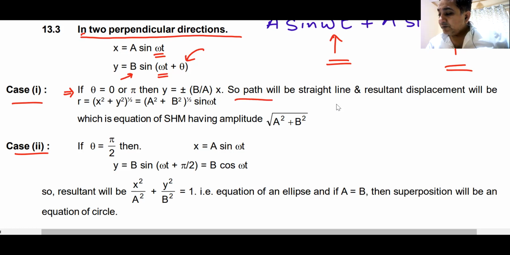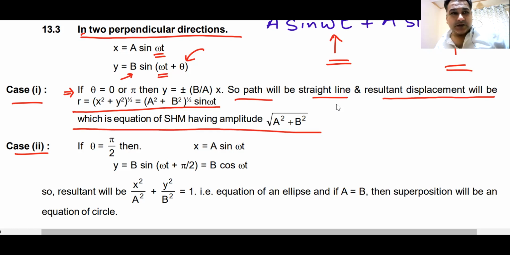Then the path will be a straight line. This equation becomes the equation of a straight line inclined at an angle of 45 degrees, not exactly 45 because A and B are different. If A and B are the same, it will be inclined at 45 degrees, executing SHM whose amplitude is root over A square plus B square. Please remember these words. This question can directly come in the examination. Do we understand this? Can I have raised hands?